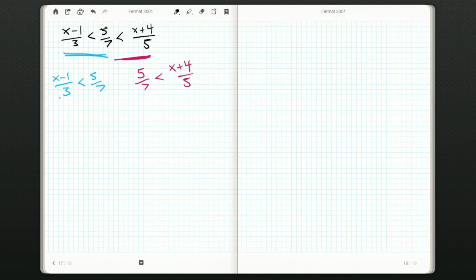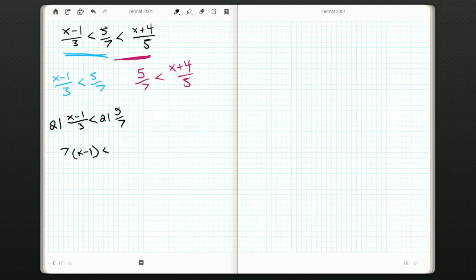So we're going to take our first one here, and I don't like fractions, so I'm going to multiply both sides by 21 to get rid of them. Why 21? Because we have a 3 over here and a 7 over here. Since I'm multiplying by a positive number, the inequality in the middle does not change. If it were a negative number, it absolutely would change. Okay? 21 divided by 3, that's going to be 7.